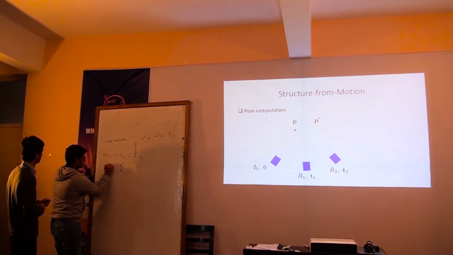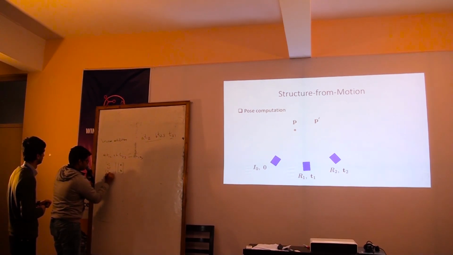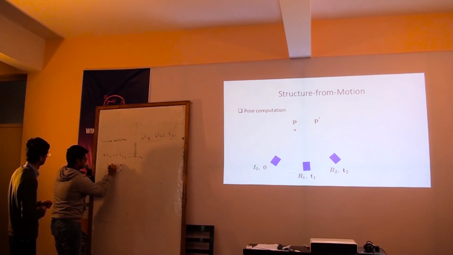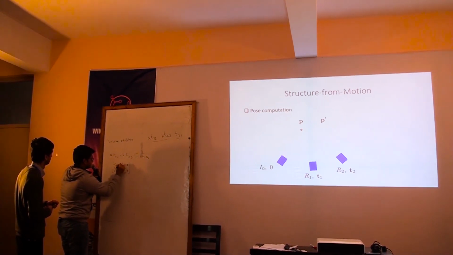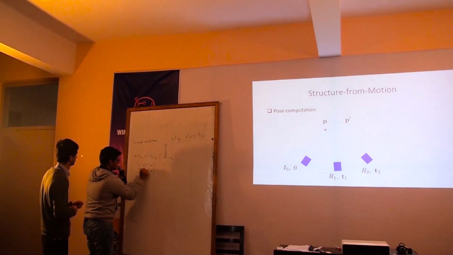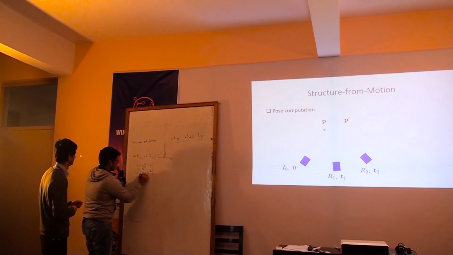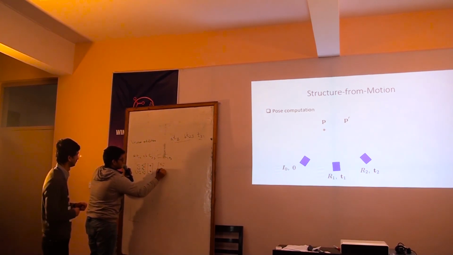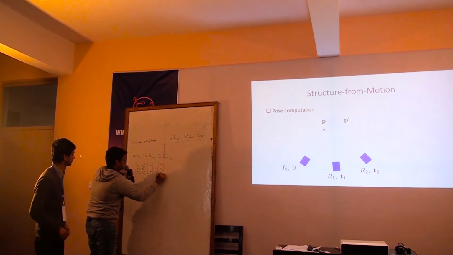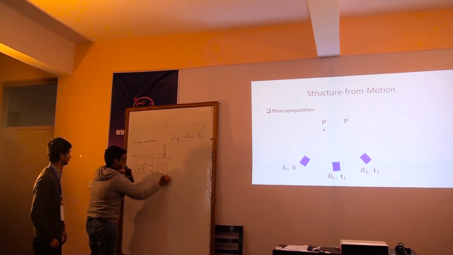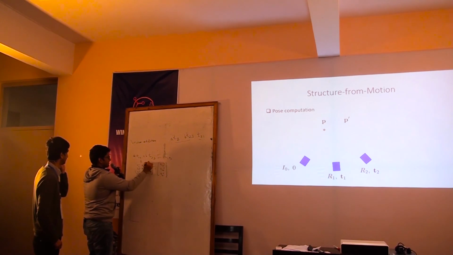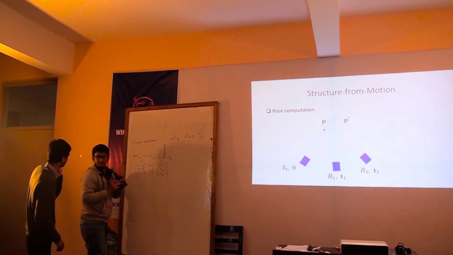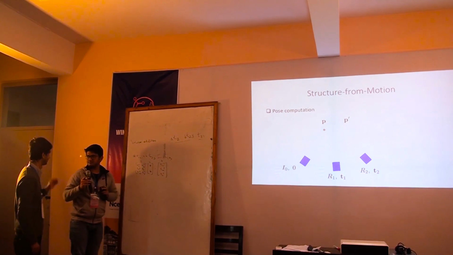T12x, T12y, T12z, T23x, T23y, T23z, is equal to T13x, T13y, T13z. So Ax equals B, and then we'll solve for x. Nice, thanks.